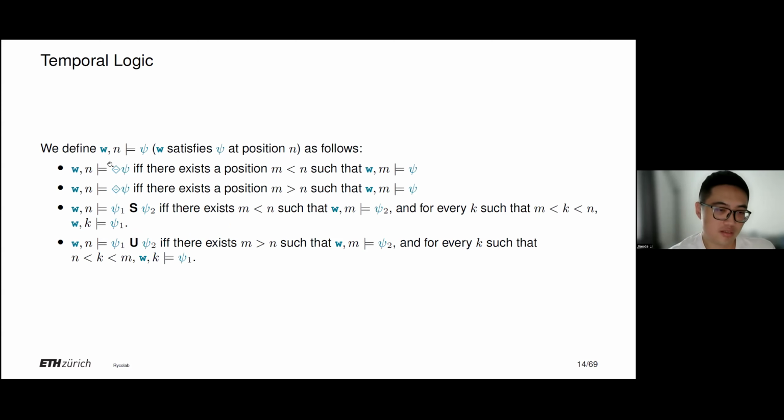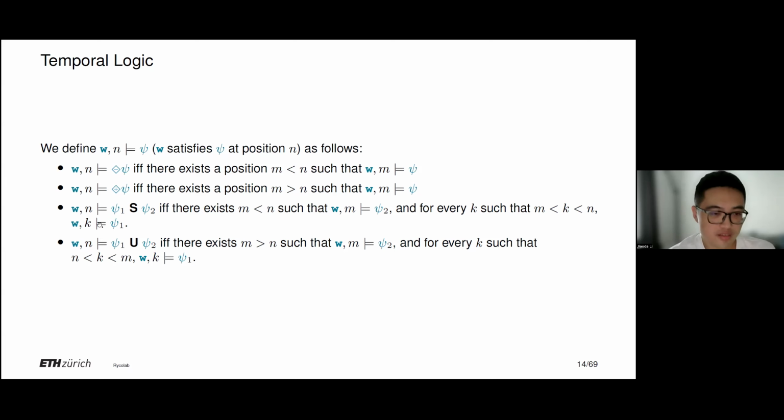w, n satisfies past psi if there exists a position m before n, where n is the current position, such that w, m satisfies psi. So as long as there's a position before the current one that satisfies psi, it will satisfy past psi. Similarly for future psi, we need this position to be after the current position n.